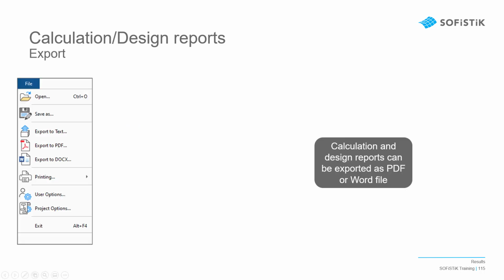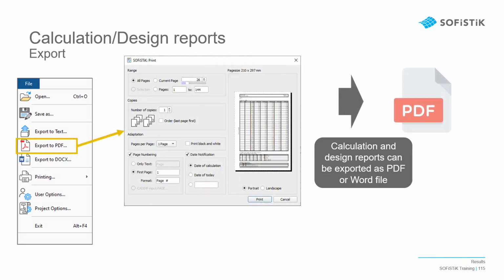Most of the time, you will want to share this report or use it for further documentation outside of Sophistic or Revit. For such purposes, several export options are available. The document can be converted to a PDF file for sharing with persons who do not have the Sophistic tools.